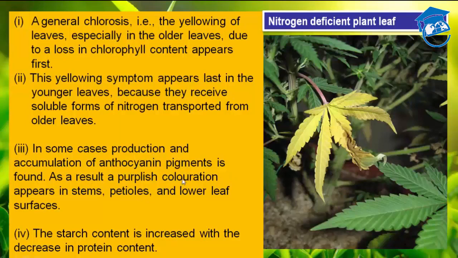As a result, a purplish coloration appears in the stem, petiole and lower leaf surfaces. And the fourth deficiency symptom is when the starch content is increased with decrease in protein content. So these are the deficiency symptoms of nitrogen in plant leaf.